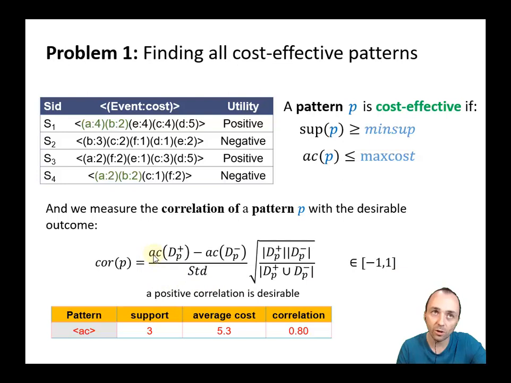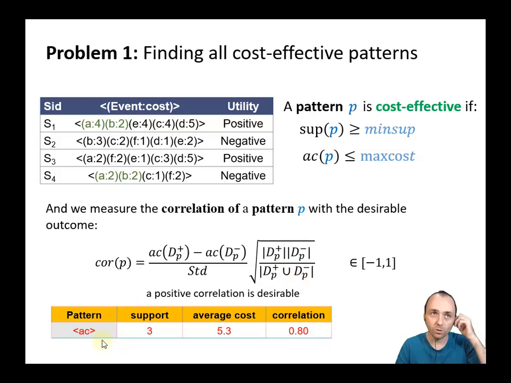Here we have the average cost of the pattern in the sequences where it has a positive utility, minus the average cost in the sequences where this pattern appears and it has a negative utility, divided by the standard deviation of the cost. And then we have a square root of the number of sequences that are positive and contain the pattern, multiplied by the number of sequences that are negative and contain the pattern, divided by the number of sequences where the pattern appears in a positive or negative sequence.